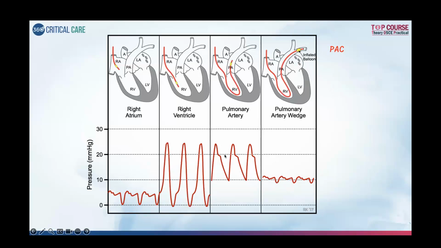Then it goes into the pulmonary artery or main PA, where you'll have a pressure of 25 by 8 or 15 by 7 or something like that. That will be the PA pressures. And then you go down further to wedging. In the wedging, you will get a slightly higher value, but the waveform will look like a smaller amplitude CVP waveform. So that's the usual course of a pulmonary artery catheter.